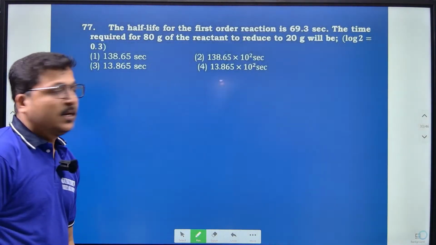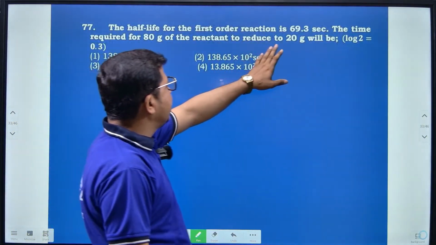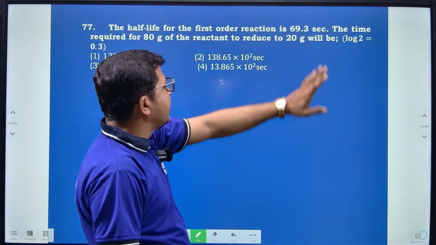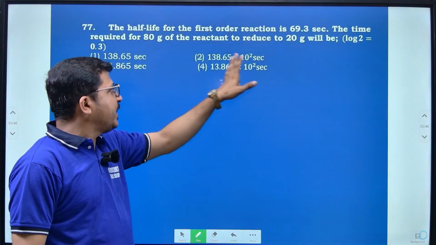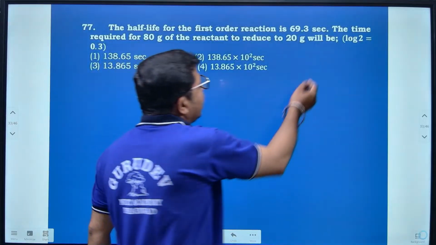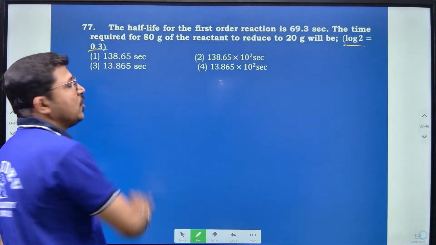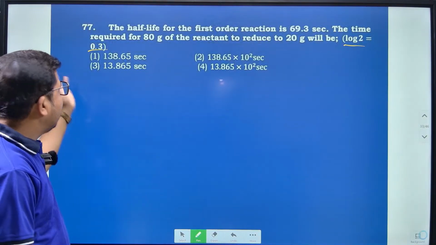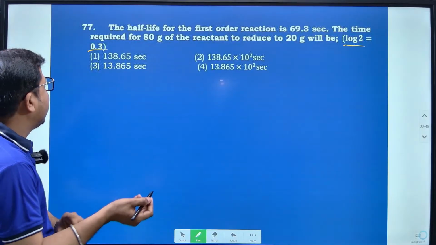Next, the half-life for the first order reaction is 69.3 seconds. The time required for 80 gram of reactant to reduce to 20 gram will be... the log 2 value they have taken as 0.3, but we will take the complete log value and solve it. Look here.